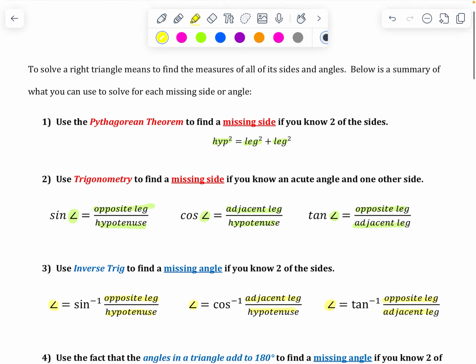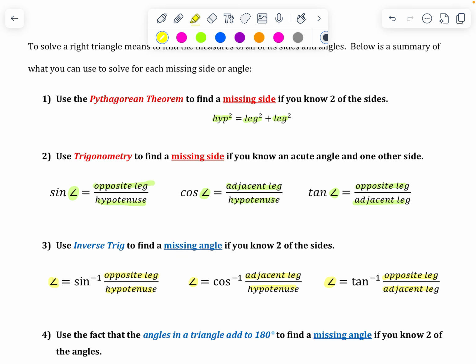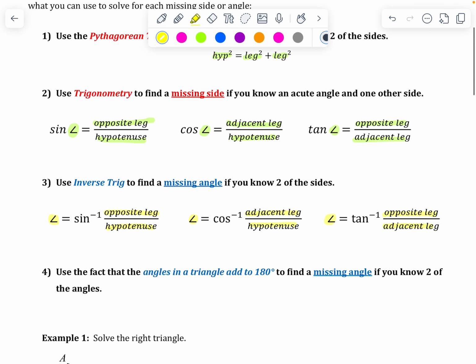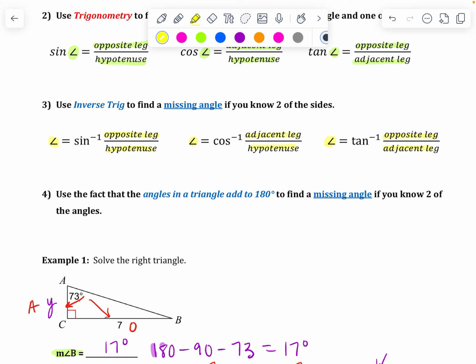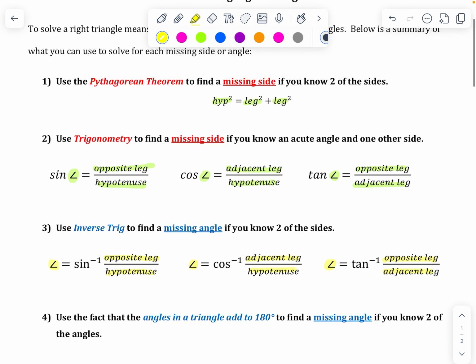If you're missing a side, either use Pythagorean theorem or trigonometry. If you're missing an angle, you either use inverse trig or the fact that angles add to 180 degrees. And always in the back of your mind, think about the fact that if you're trying to use any of these equations, you have to know at least 2 out of the 3 things that I have highlighted.